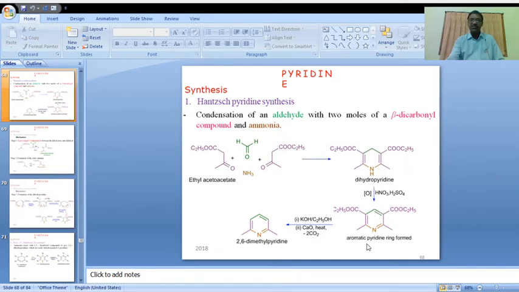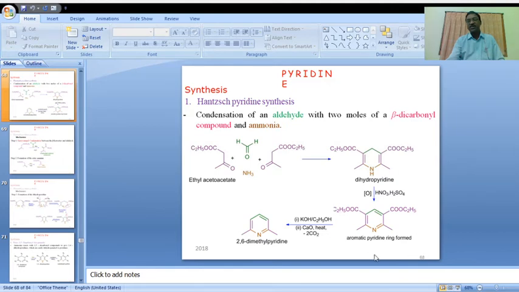From this, another 2 steps are involved. One is oxidation. In presence of strong acid, it converts. Here it is at the first place and fourth place; there is an extra hydrogen, because it is called 1,4-dihydropyridine. 1,4-dihydropyridine on oxidation in presence of strong acid converts to a perfectly aromatic pyridine ring.